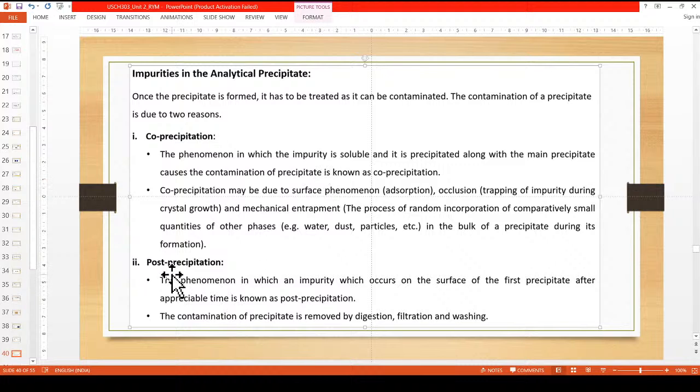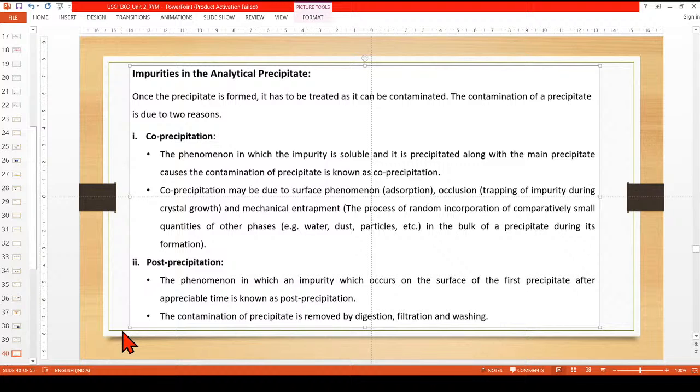Another is post precipitation. Post precipitation is during the time of digestion. In post precipitation, the impurities incorporate after the formation of precipitate.